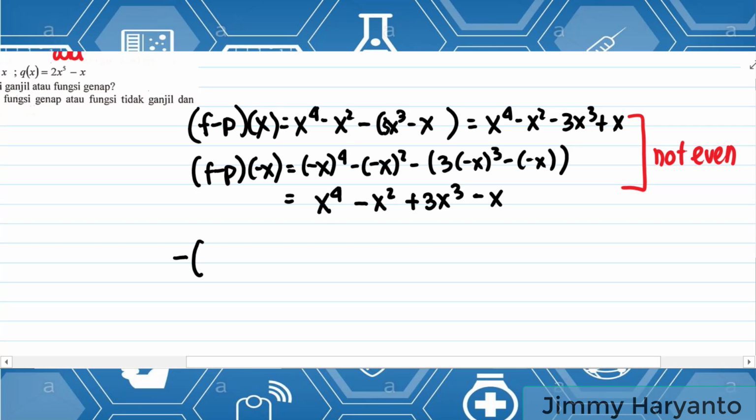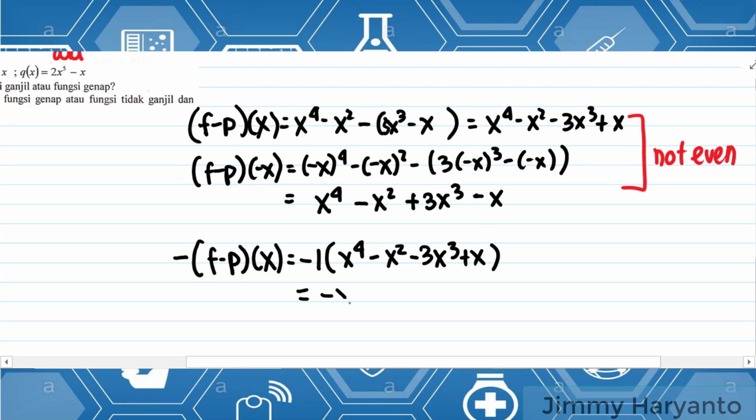And the last part, negative 1 times f minus p. x^4 minus x^2 minus 3x cubed plus x, times negative 1. The result will be negative x^4 plus x^2 plus 3x cubed minus x.